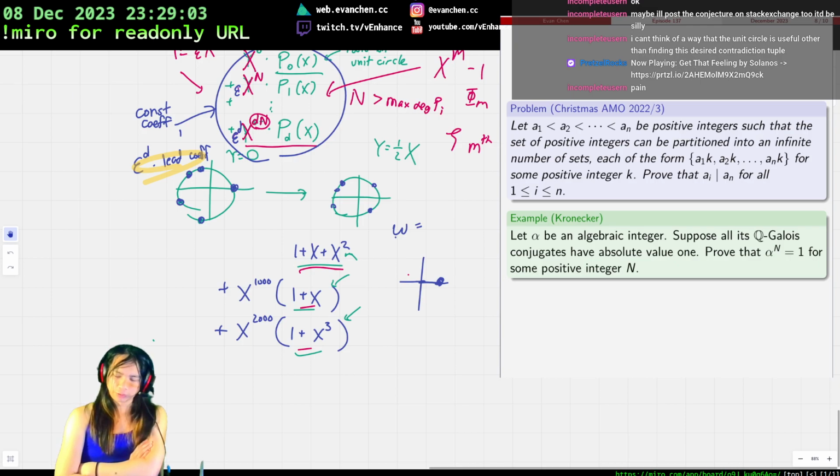I wonder if I should be staring at the Vieta a little more, because a lot of the symmetric coefficients don't change. Actually, no, the problem is there are so many roots. Every root is supposed to have absolute value 1.